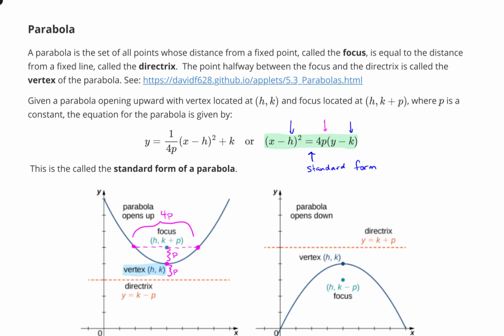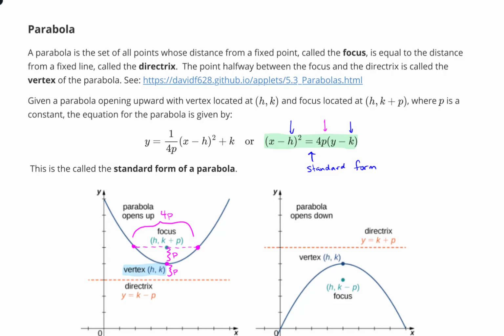This has a name. It's called the latus rectum, and it's parallel to the directrix. So if you can get the vertex and these 2 points, then you can draw a fairly decent sketch of any parabola.